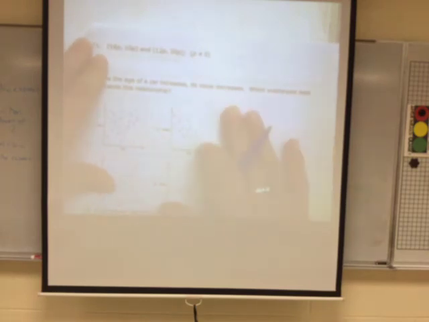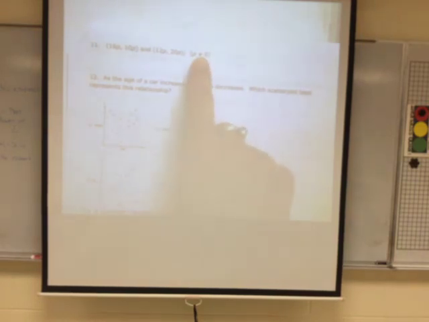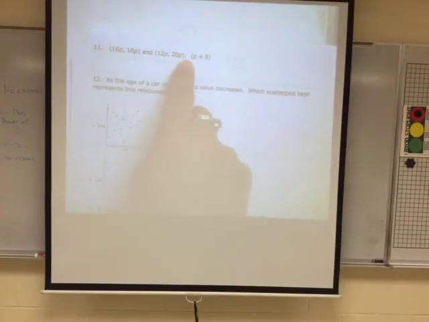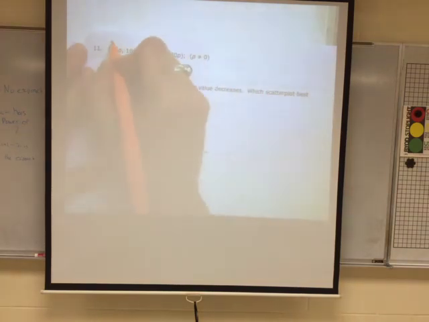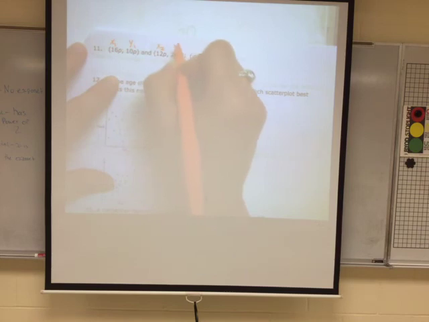Number 11 is similar. We're going to use the same formula, only now I have variables attached to my points. I have 6p, 10p as a point, and 12p, 20p as a point, and we're going to assume that p is not equal to 0. So we're going to assume that none of these points are 0, 0. Again, I'm going to label my points x1, y1, x2, y2.